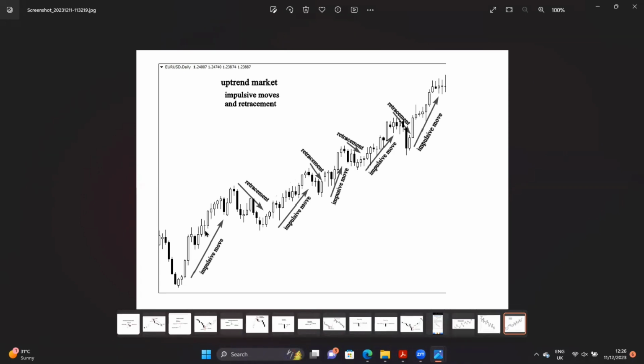Here we have 1, 2, 3, 4, 5, 6, 7, 8. So we have 8 movements upward around the implosive moves, but around the retracement, we just had 1. So you position your entry at the end of a retracement, so you can catch more pips, more money in the implosive move. I believe we're making progress.